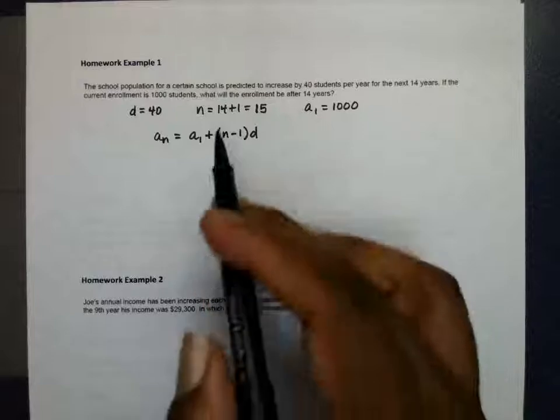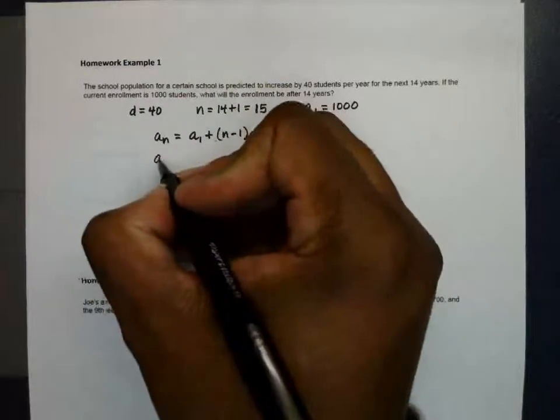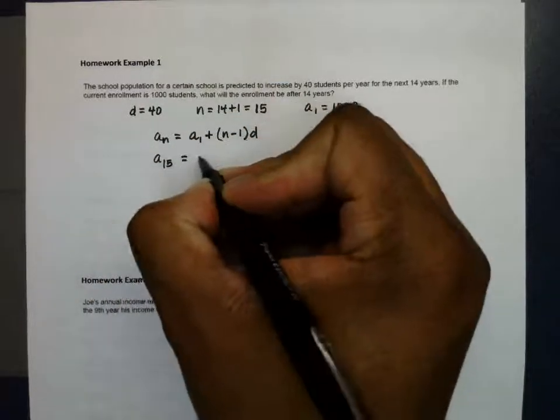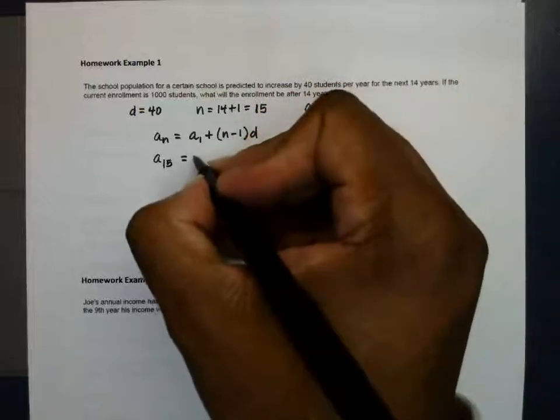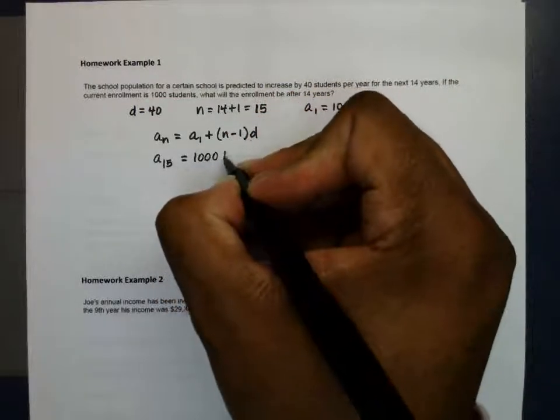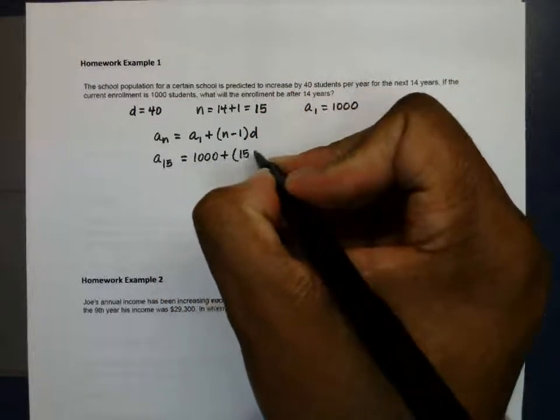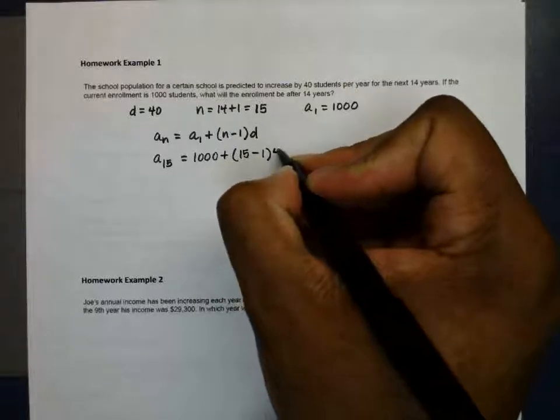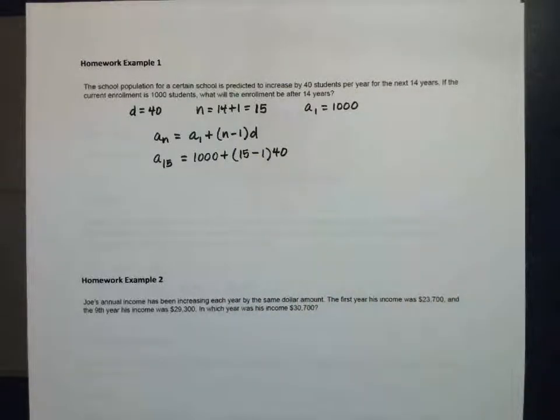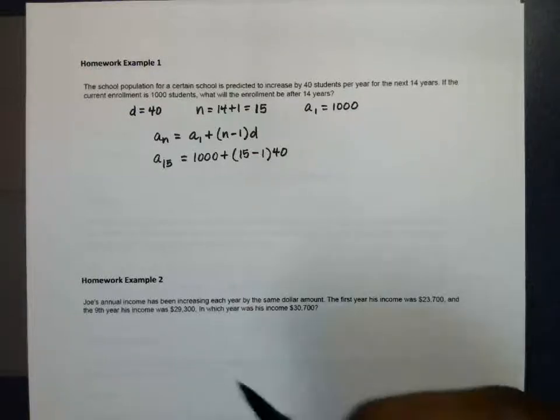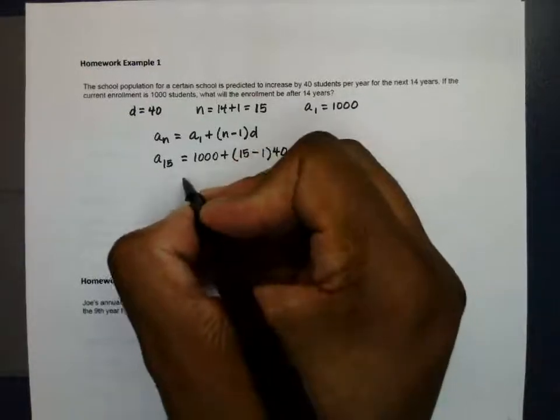All right, so n is 15, so we're going to be looking for a sub 15. And that's equal to a sub 1, which is 1,000, plus n, which is 15, so it'll be 15 minus 1 times d, which is 40. Well, 15 minus 1 will be 14.